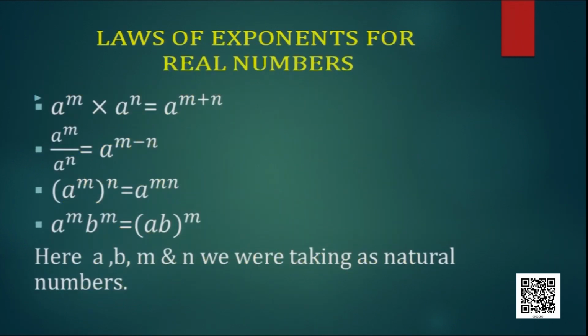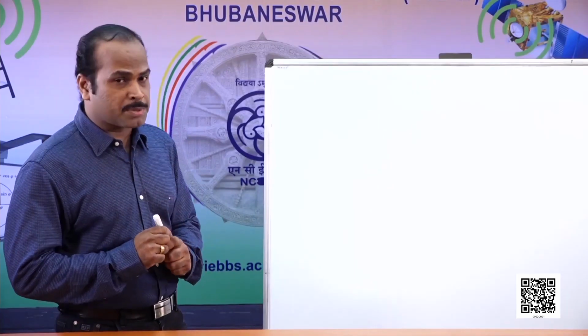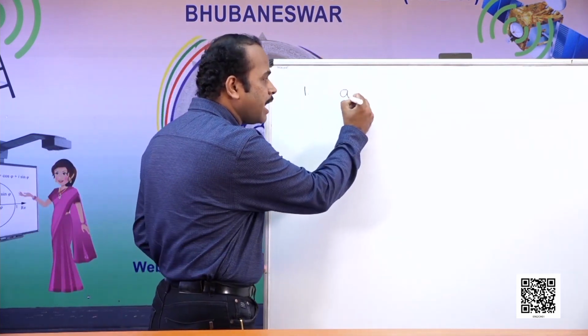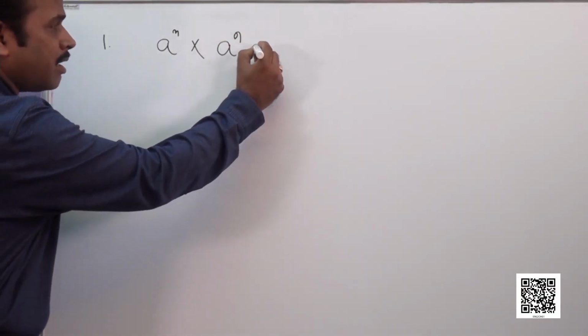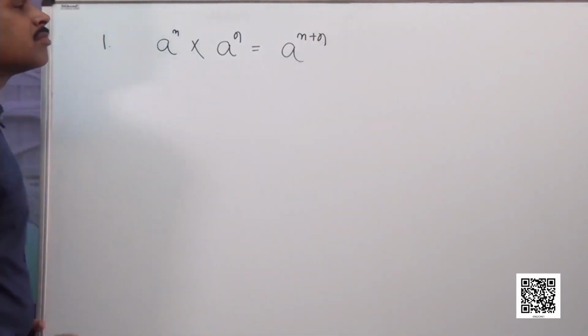Okay, what laws of exponents have we learned in the previous class? Let us see. The first law is a to the power m into a to the power n is equal to a to the power m plus n.